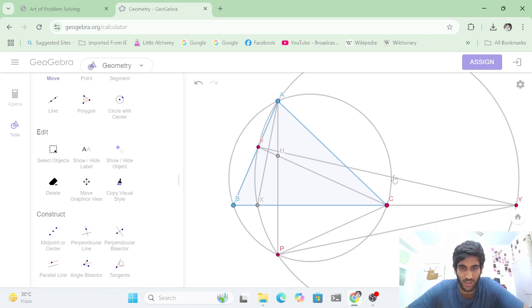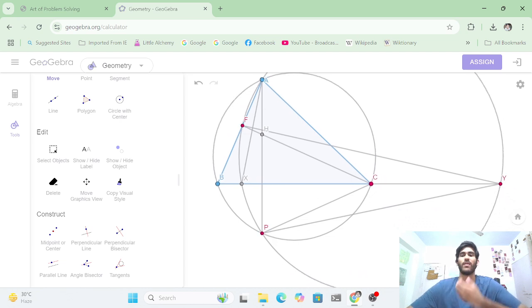This is point A, this is B, this is C. Then I draw the orthocenter and label it H, and I extend CH to meet AB at F. Then I reflect H around BC to get point P, and then AFP gives the circle which gives me X and Y.